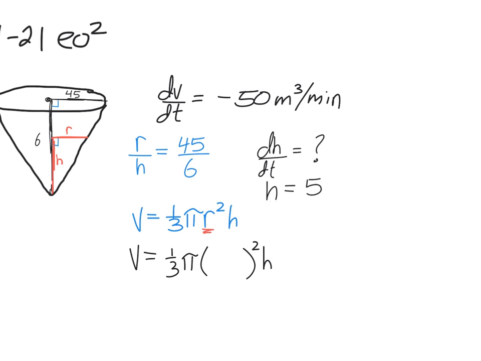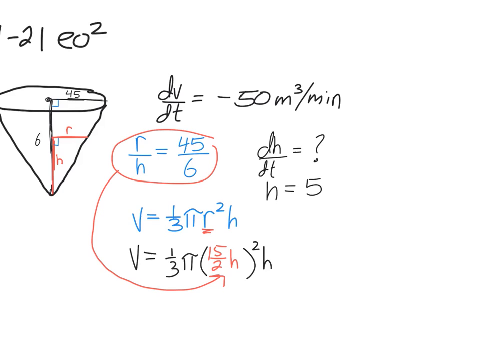But both of those numbers are divisible by 3, right? So 15 over 2, so 15 over 2 H. Divide top and bottom by 3, hopefully. So that is R solved in terms of H.